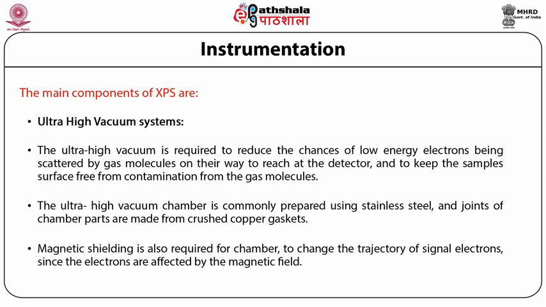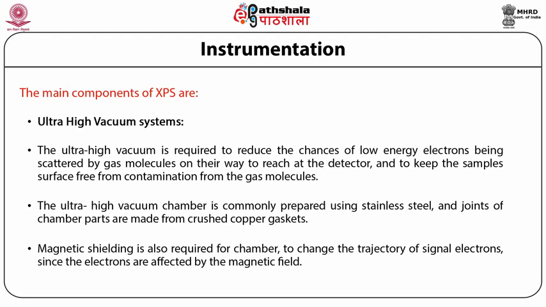The ultra-high vacuum chamber is commonly prepared using stainless steel, and joints of chamber parts are made from crossed copper gaskets. Ultra-high vacuum can be achieved using diffusion pumps, sputter ion pumps, or turbomolecular pumps.